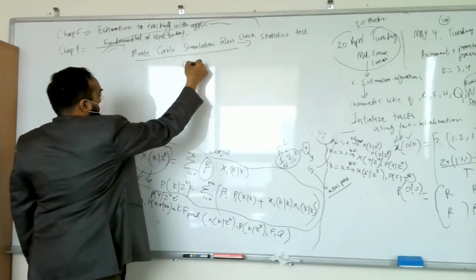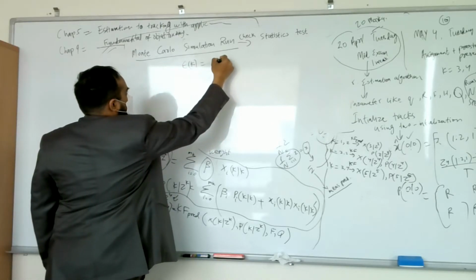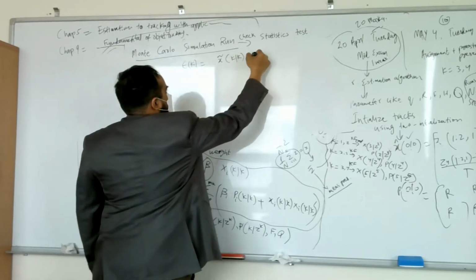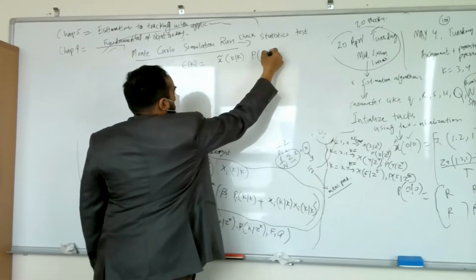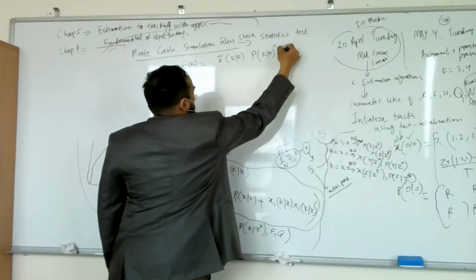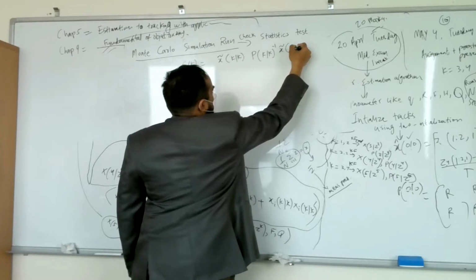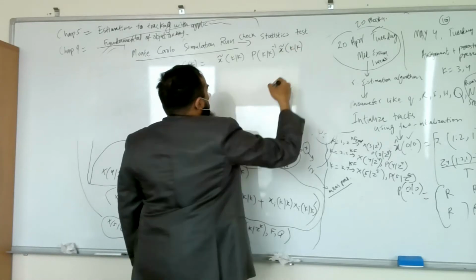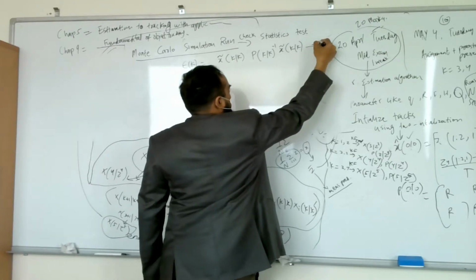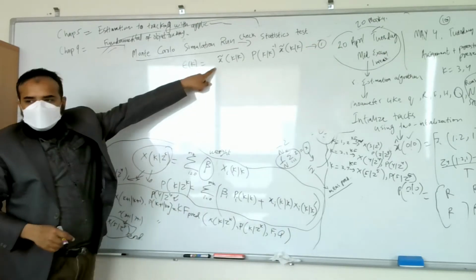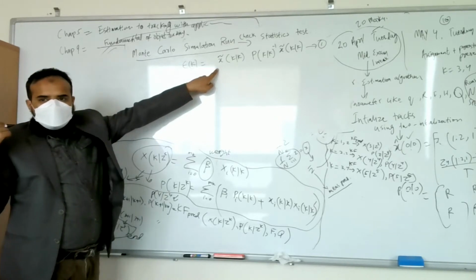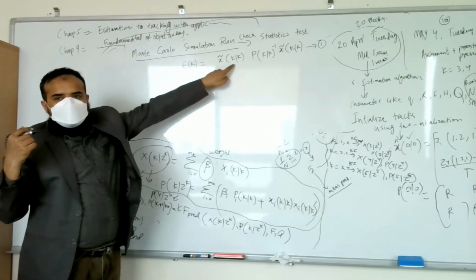Suppose this is x of k. Okay, this is equation number 1. So what is this equation? You already know this equation from the last lecture.